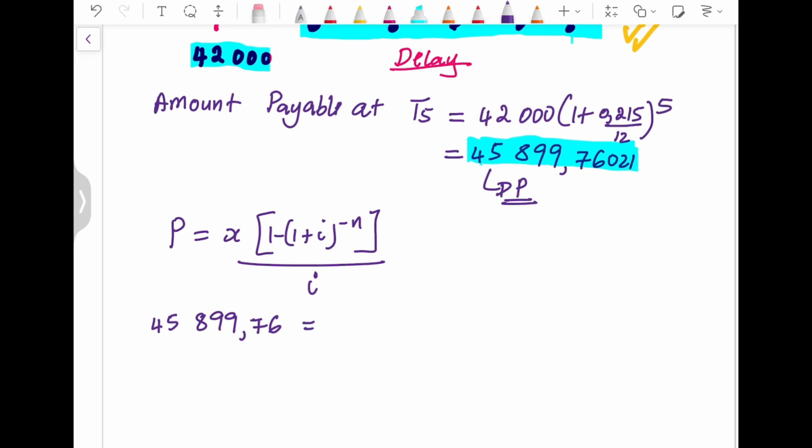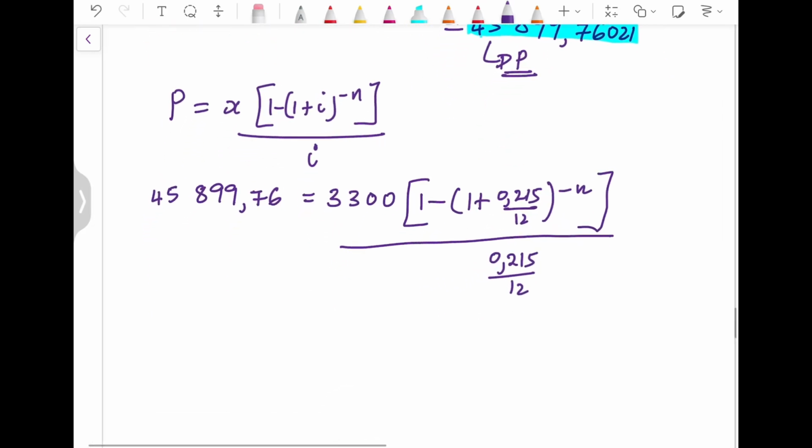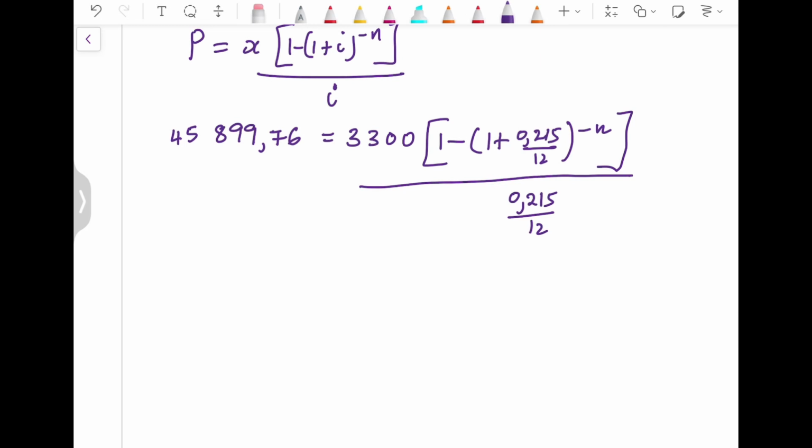This is equal to our X, which is 3,300, times 1 minus 1 plus 0,215 over 12 to the exponent n, and then all divided by 0,215 over 12. And then from here, we are going to solve for n.